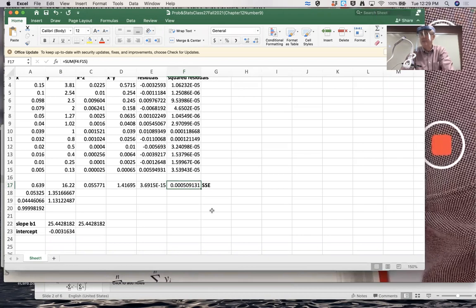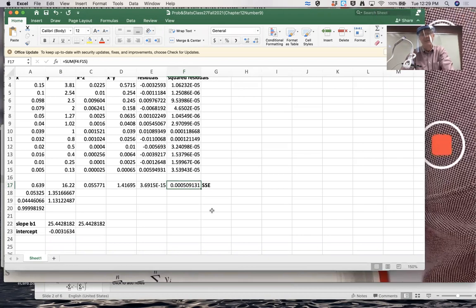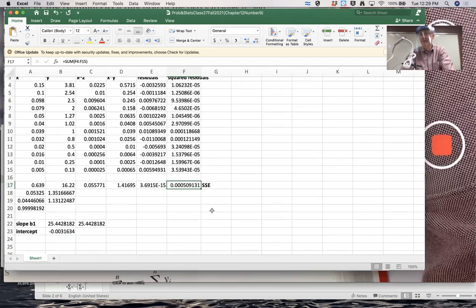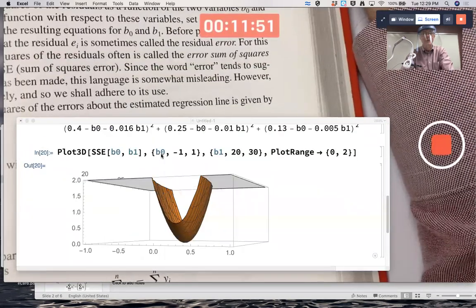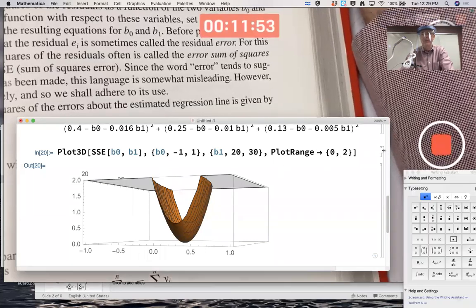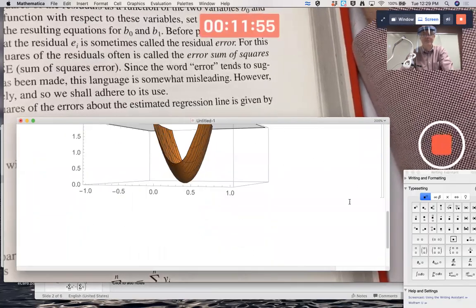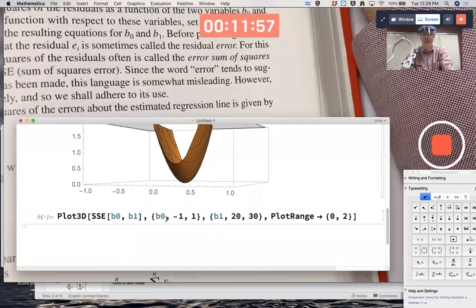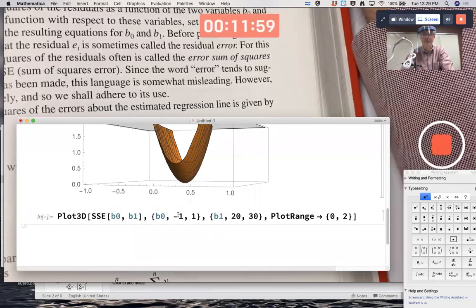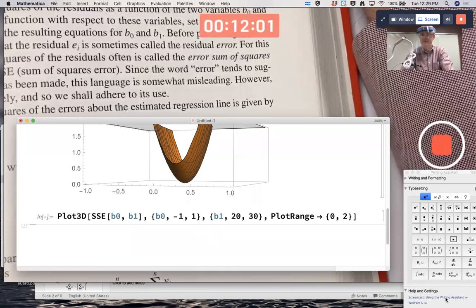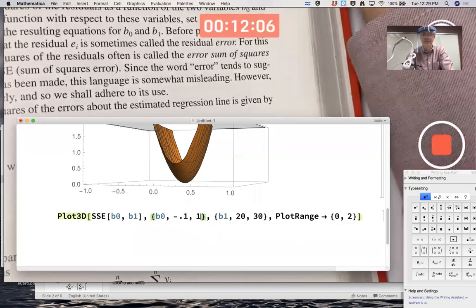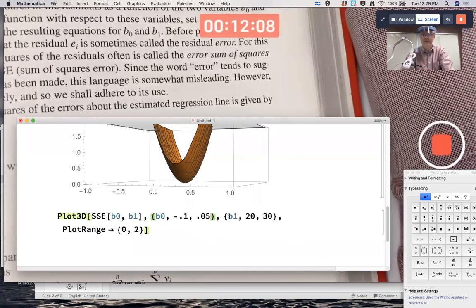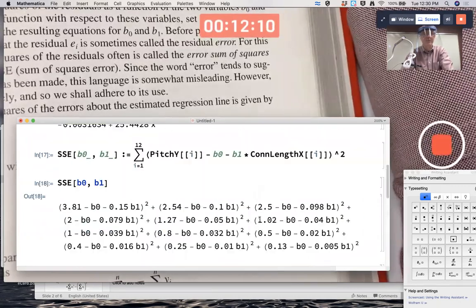That doesn't always happen. In fact, you might say it usually does not happen, that it's that close to 0. If we zoom in even closer to what we know the answer is, it should be more pronounced, perhaps. We know the true answer for B0 is -0.003 or something. So if I go -0.1 to +0.05, and we know B1 is close to 25.4.